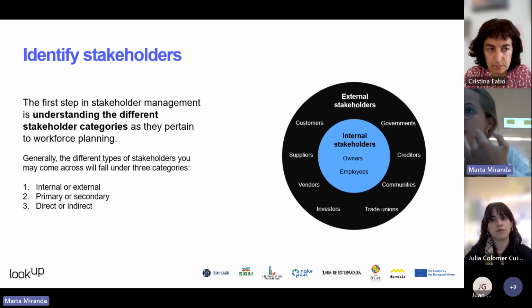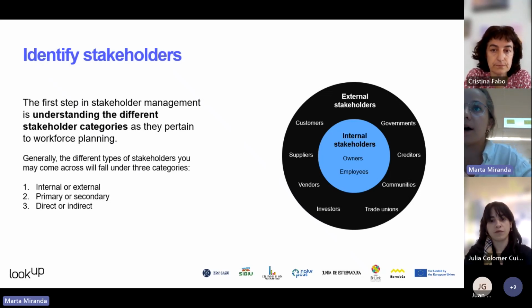For example, the government, a bank that is giving us some credit, the community in which we are developing our tourism activity, trade unions, investors, vendors, suppliers, and of course, customers are a big group of stakeholders. There are many different types of stakeholders. They might have different interests in your business and in decisions, and some of them, as I said, might be inside or outside the organization.